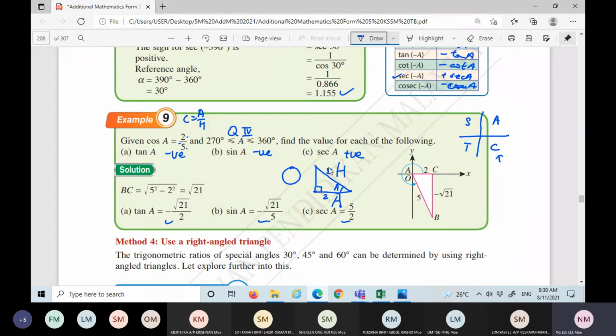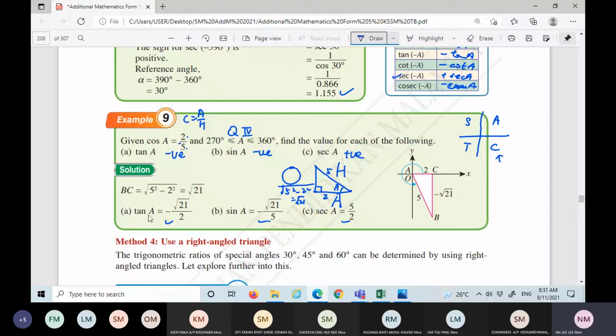By using the Pythagoras theorem: 5 squared minus 2 squared and square root it. So 25 minus 4, it's the square root of 21. Don't simplify it, just leave it. So square root of 21 for the opposite side.